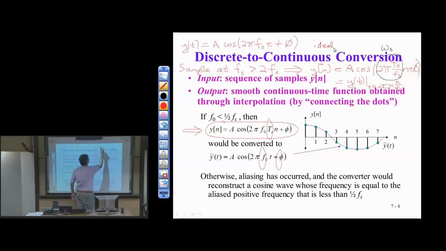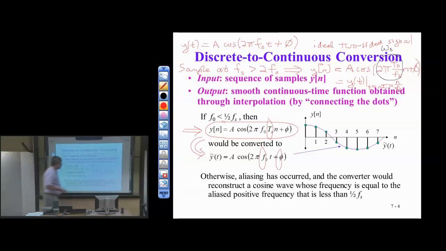So in theory, we can hopefully get back to that if we don't have any aliasing. We'd love to come up with a way to go from discrete time to continuous time so that we get back to where we started. And this depends on the way that we do the interpolation.